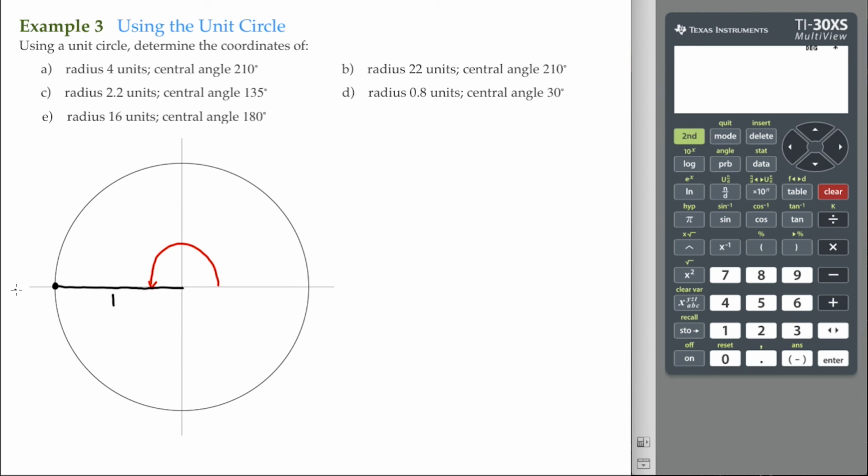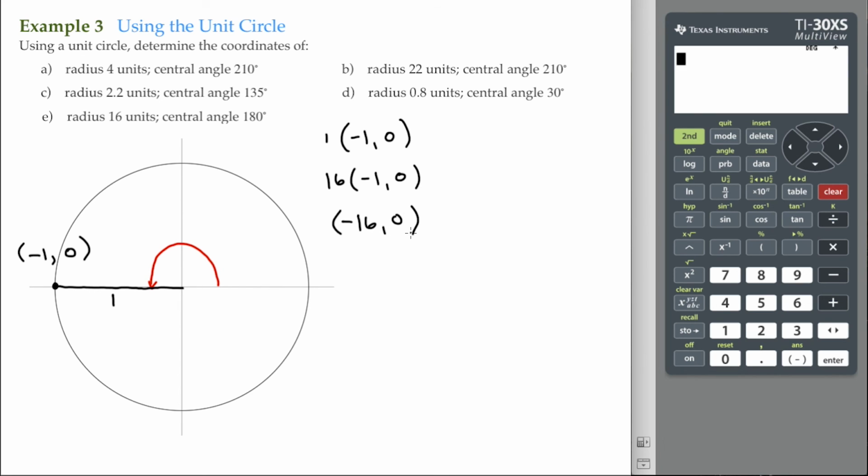It's going to be 16 units. So this coordinate right here, that's at -1 and 0. That's where this is right here. But we have a radius of 16. So if I did -1 and 0, but it's now 16, it actually has a coordinate at -16 and 0.